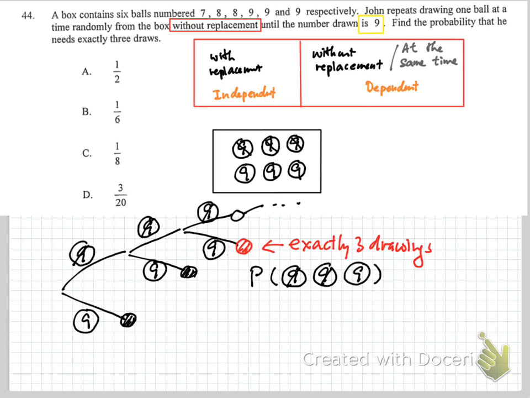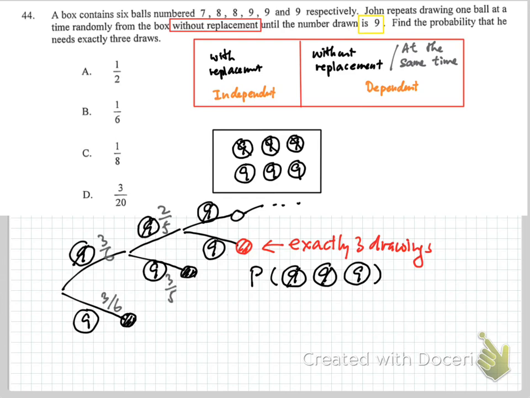And the probability of this branch: the first one is not a 9, is 3 out of 6. Now the second one, because there is one fewer, you take away one of them, so it goes down to 2 out of 5. And then 3 out of 5 for this branch.